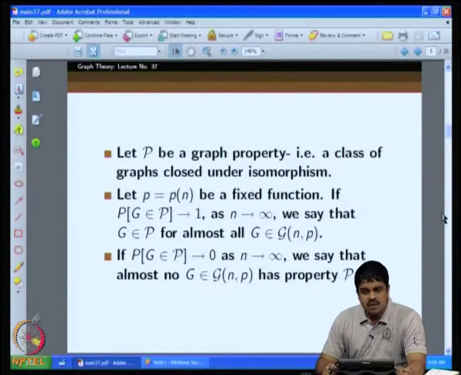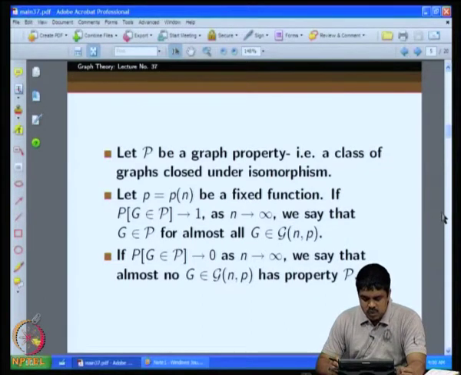And now, you take any function p of n. For instance, here you just consider the G(n,p) model, and suppose your p is some function p of n, fix it, right.